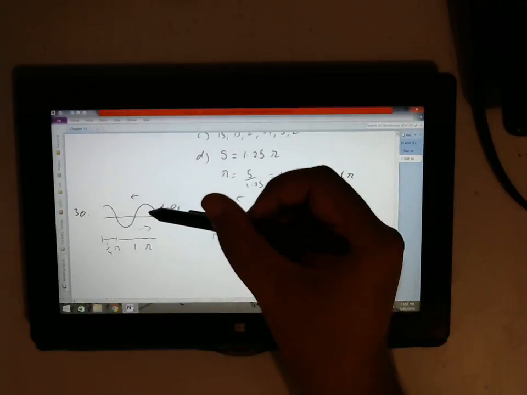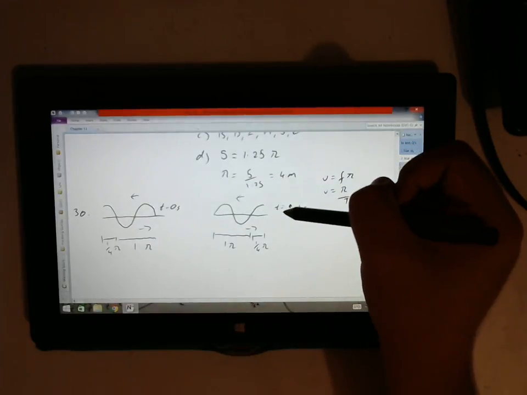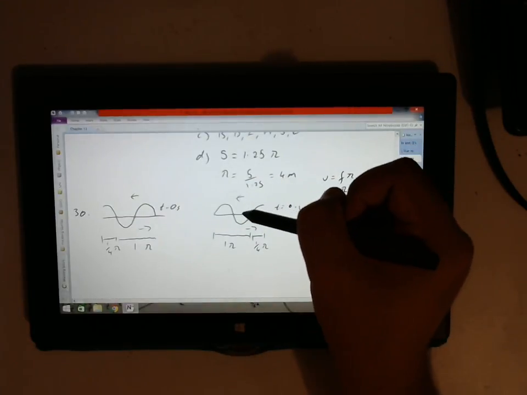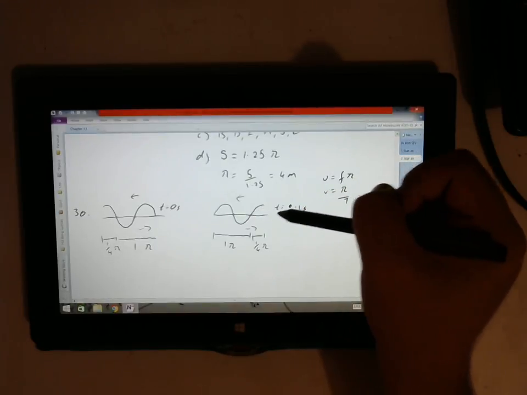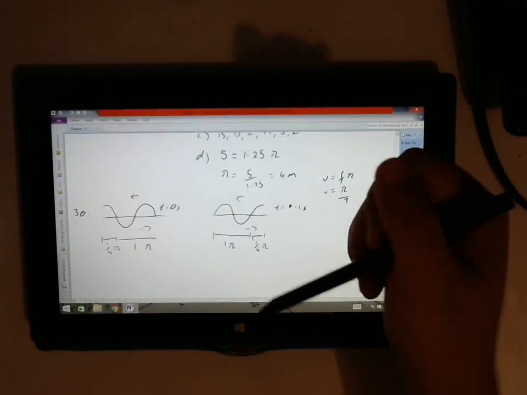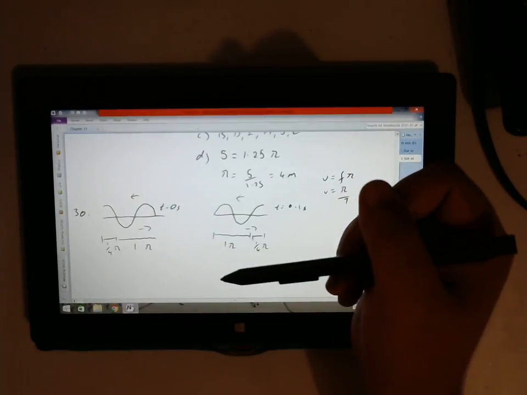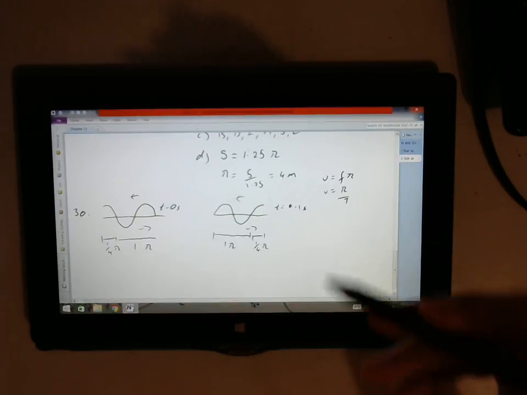This one moves one whole wavelength in 0.1 seconds. This one moves only a quarter of a wavelength in 0.1 seconds. So if it's only moving a quarter of a wavelength in 0.1 seconds, it's a lot slower than one wavelength in 0.1 seconds. I think we can hopefully understand that. If not, ask me in class.